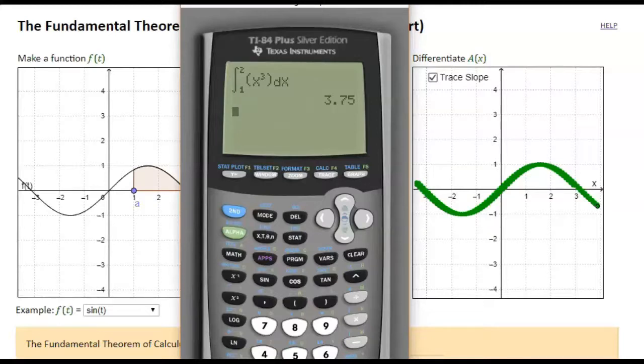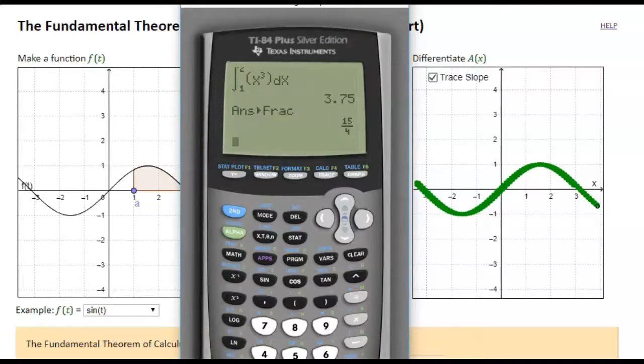And that's the same as 15 over 4. So, before there were graphing calculators where you could just plug it in, that's how you evaluated an integral.